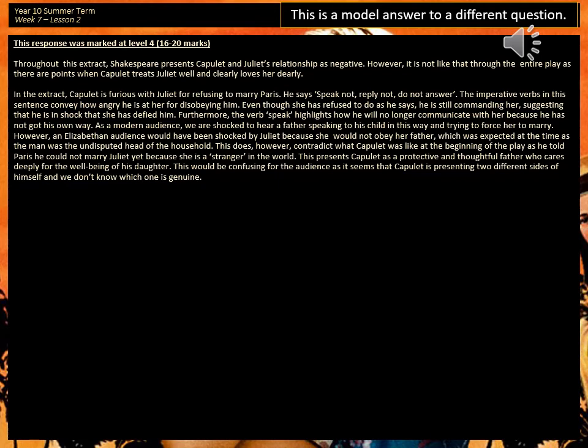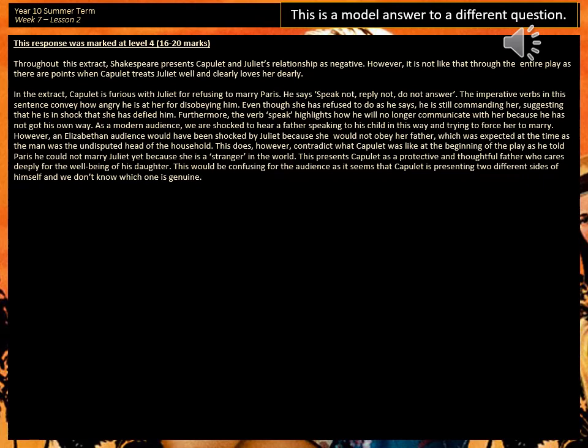Furthermore, the verb speak highlights how he will no longer communicate with her because he has not got his own way. As a modern audience, we are shocked to hear a father speak to his child in this way and are trying to force her to marry. However, an Elizabethan audience would have been shocked by Juliet because she would not obey her father, which was expected at the time as the man was the undisputed head of the household.